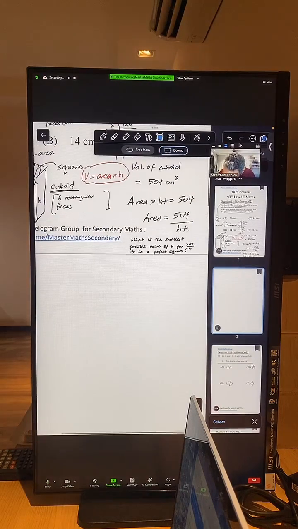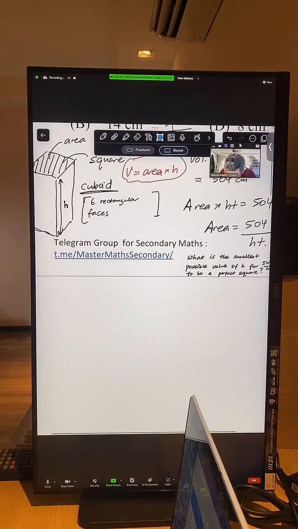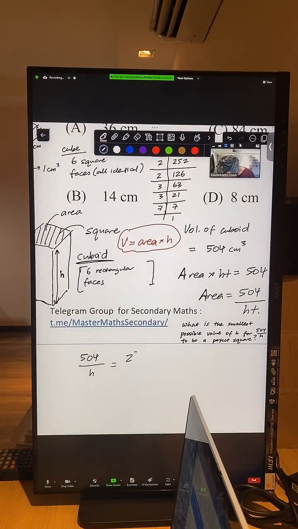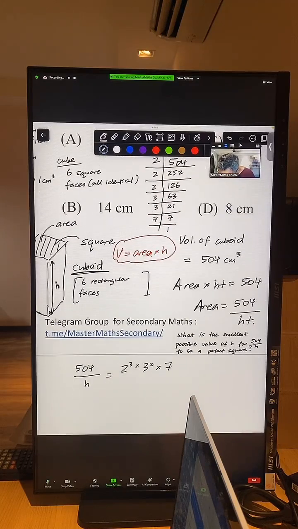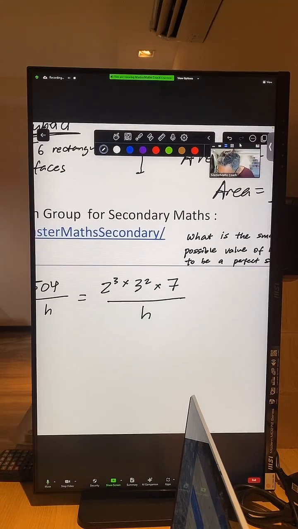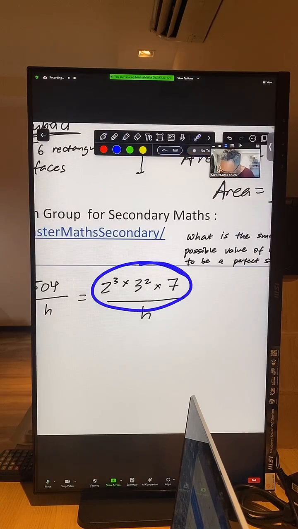So 504 over h, here h is the height, equals 2 to the power 3 times 3 to the power 2 times 7 over h. Now at this point, I will just double confirm with my calculator. So 2 times 2 times 2 times 3 times 3 times 7. Do I get 504? Yes. So I know my prime factorization over here is correct.